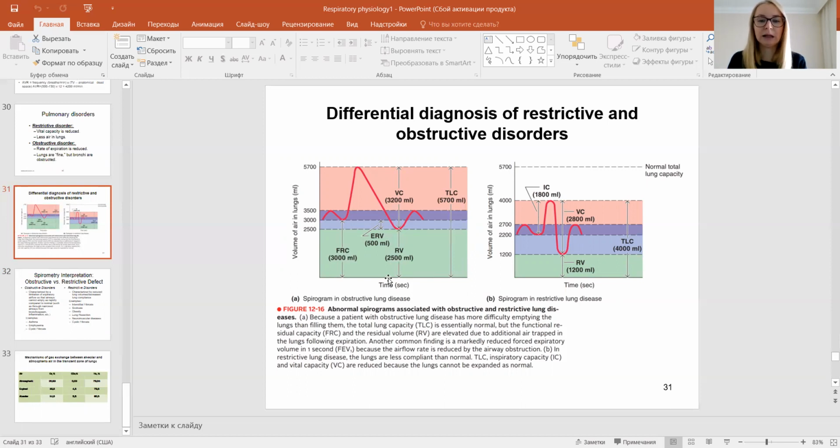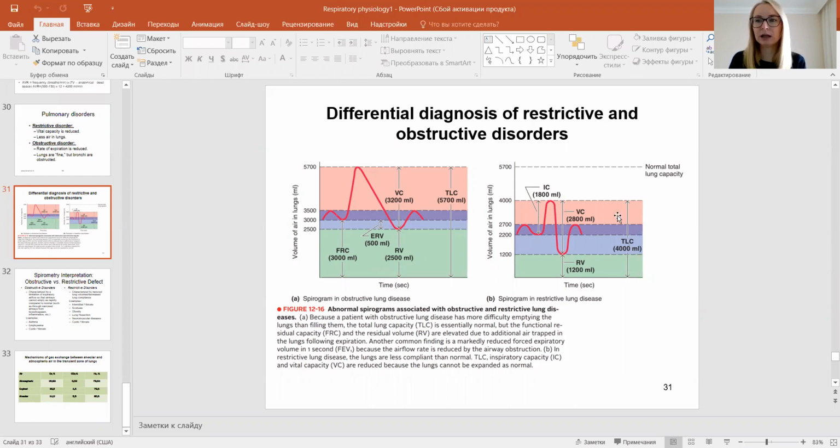Another common finding is a markedly reduced forced expiratory volume in 1 second, or FEV1, because the airflow rate is reduced by the airway obstruction.